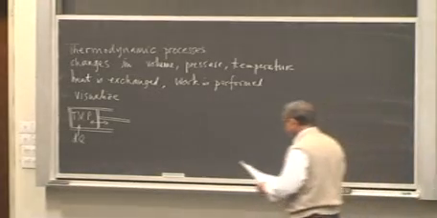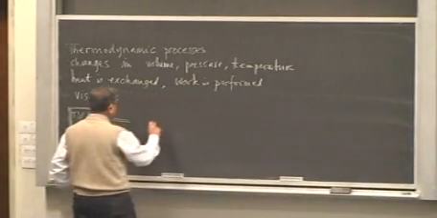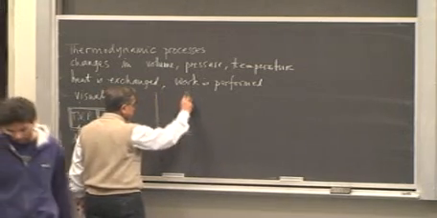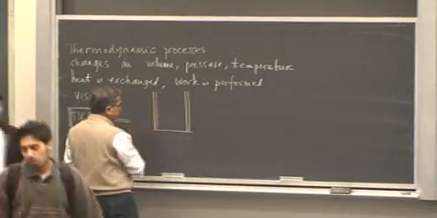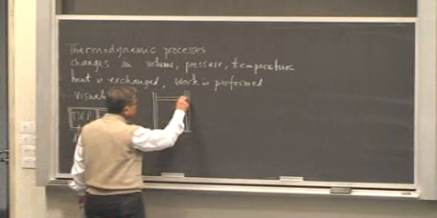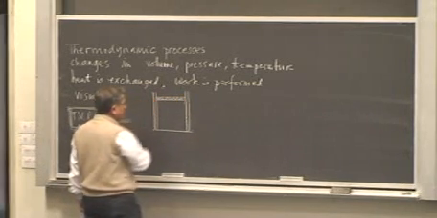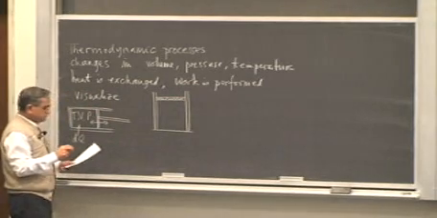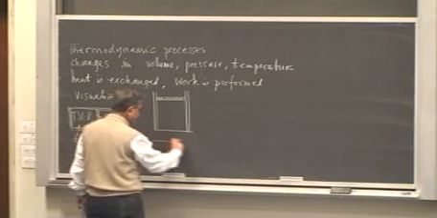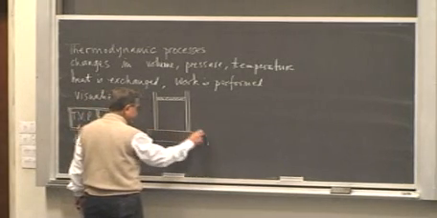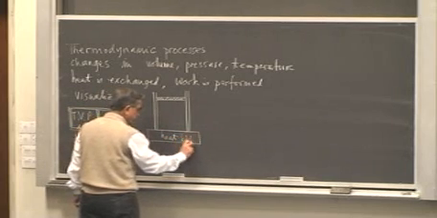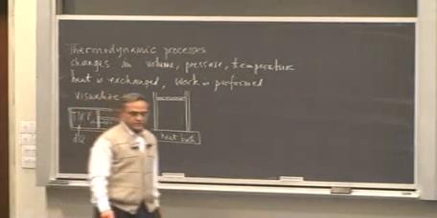Another way of doing the visualization is to assume a cylinder sitting over here, a vessel or a cylinder, with another movable piston, and then the cylinder can sit on top of a heat bath.